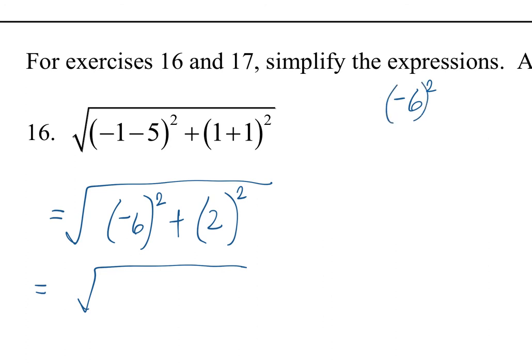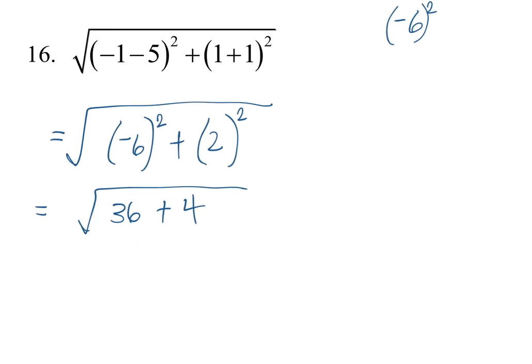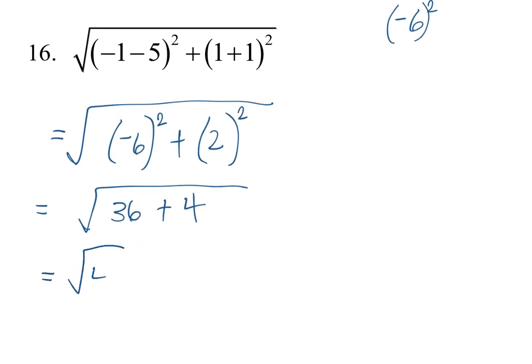So if you're going to type that in the calculator, I would put it in parentheses. But negative 6 times negative 6 is positive 36, and 2 squared is 4. So we're essentially looking at the square root of 40. There is no square root of 40, but can we simplify that radical?